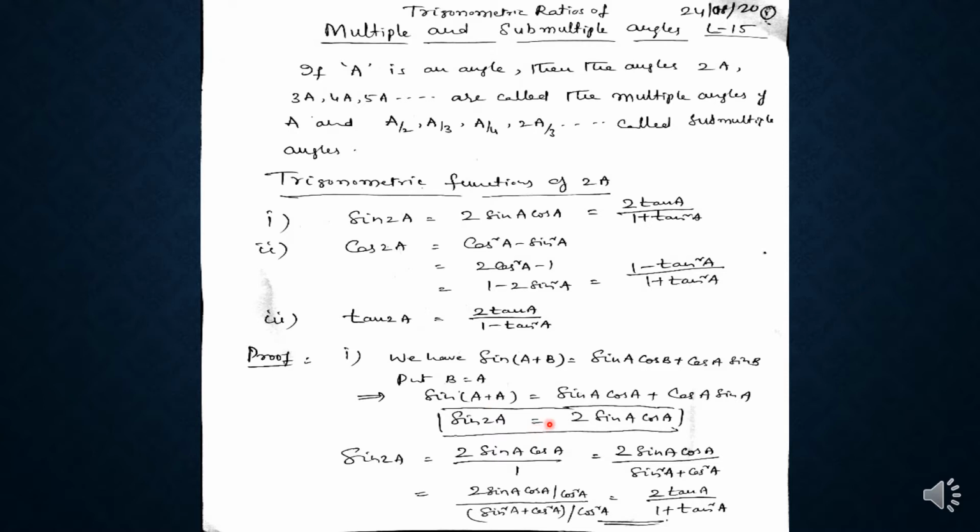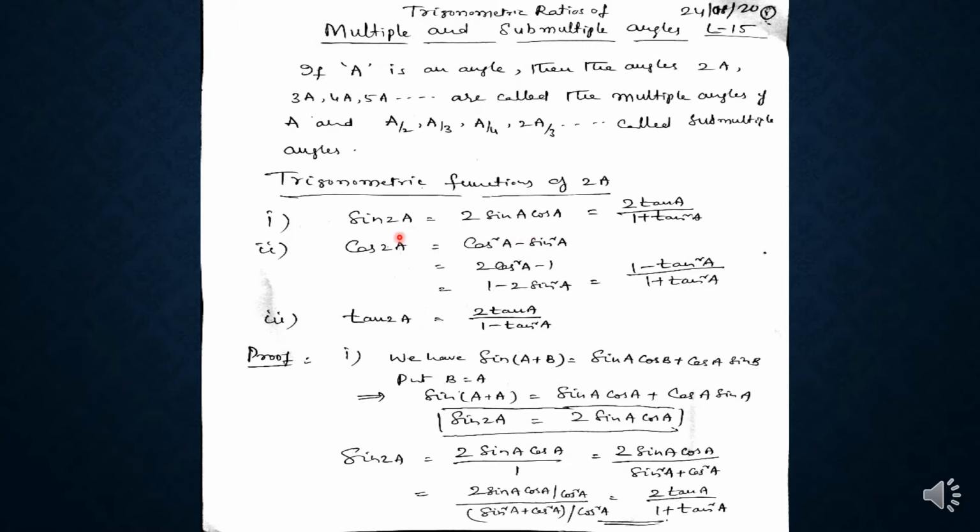Sin 2A is equal to sin A into cos A plus sin A into cos A, that is 2 sin A into cos A. Thus we can write sin 2A is equal to 2 sin A into cos A by using the compound angle formula.